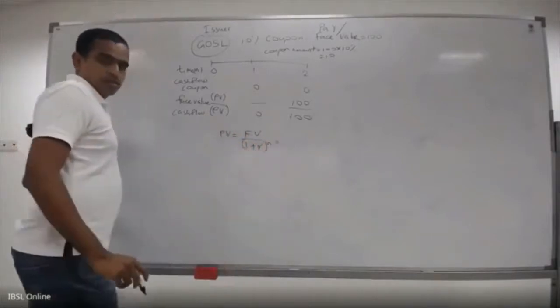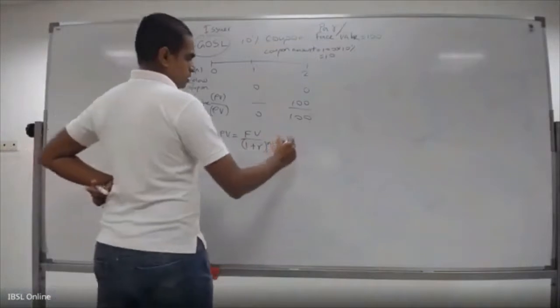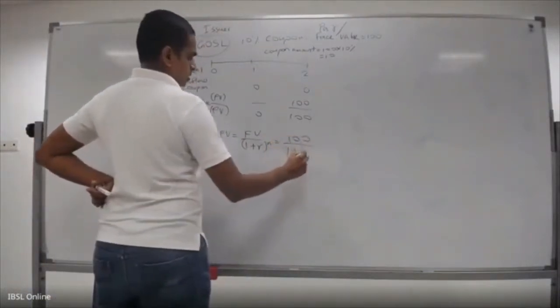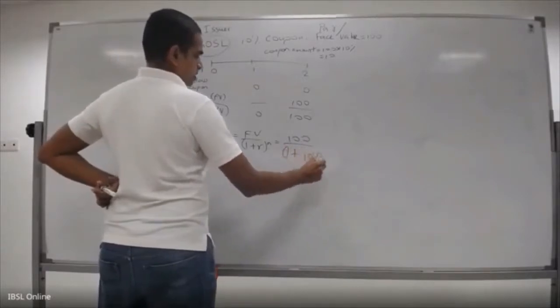So future value in this case is 100 over 1 plus r, 10%, to the power 2.